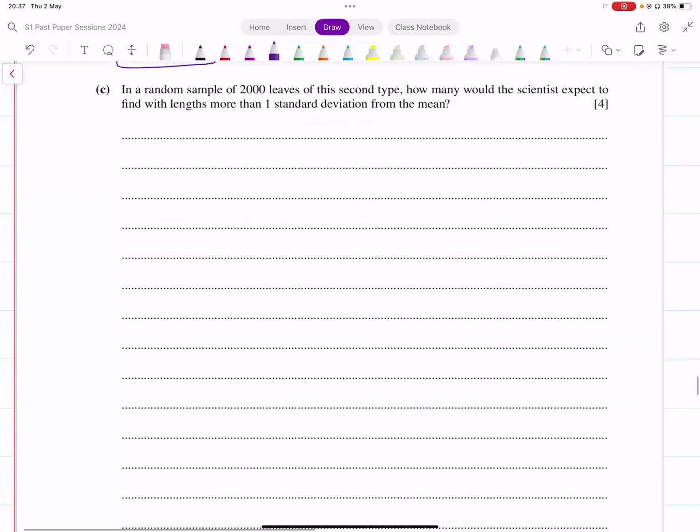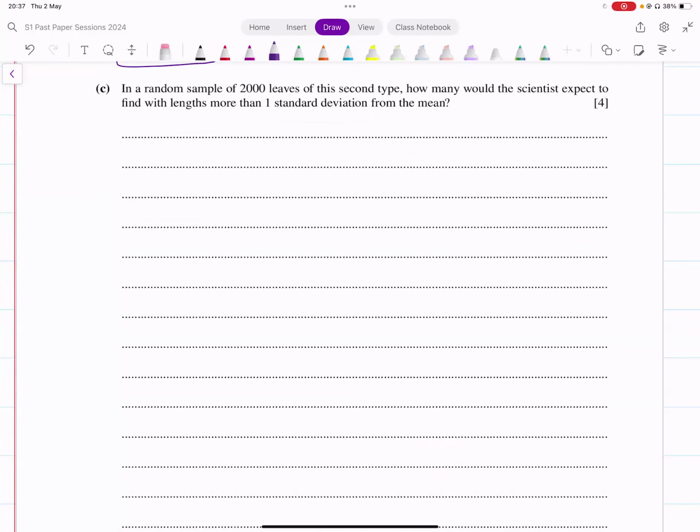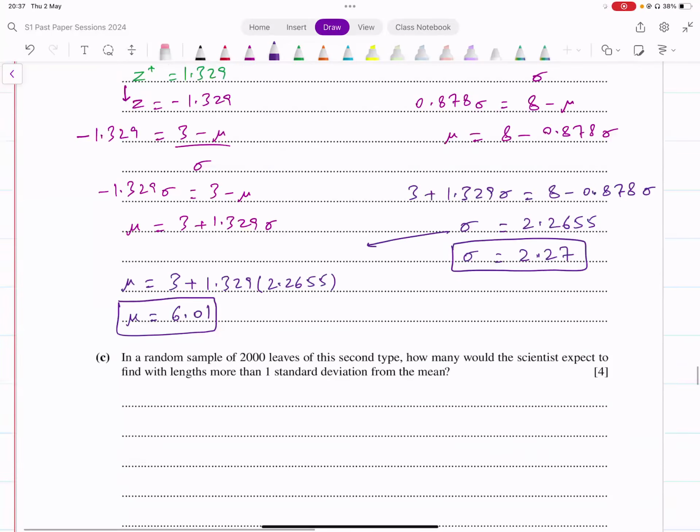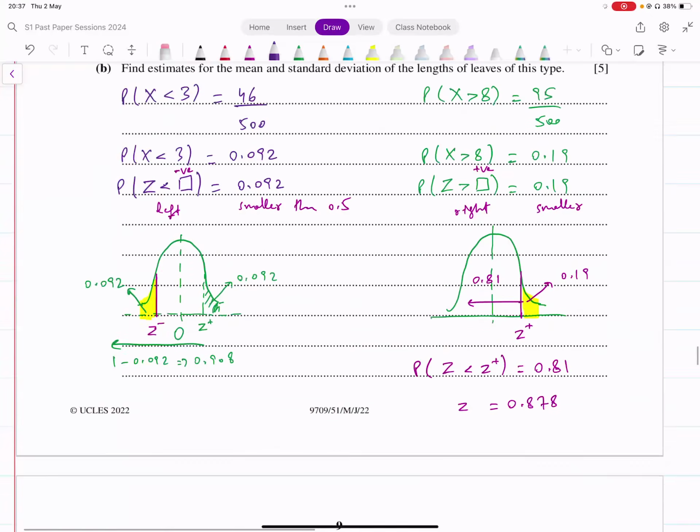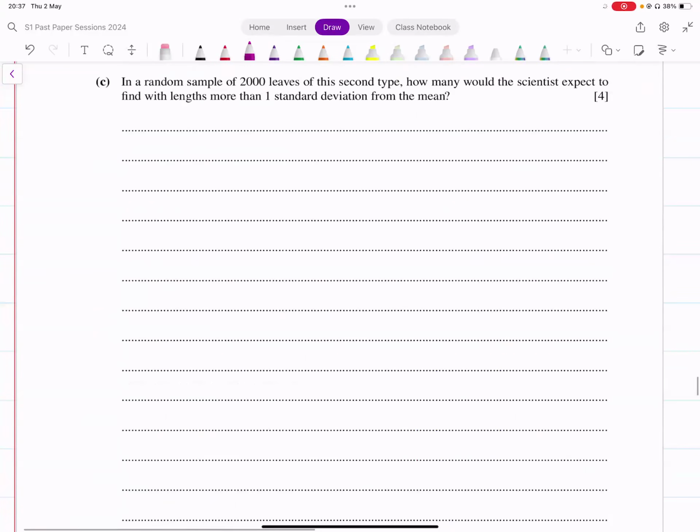Now remember, when they talk about number of standard deviations away from the mean or within the mean, we can think of this in terms of Z directly. So rather than thinking about variable X, it's easier to think of Z directly because we know Z is a distribution for which the mean is equal to 0 and standard deviation is 1, right?